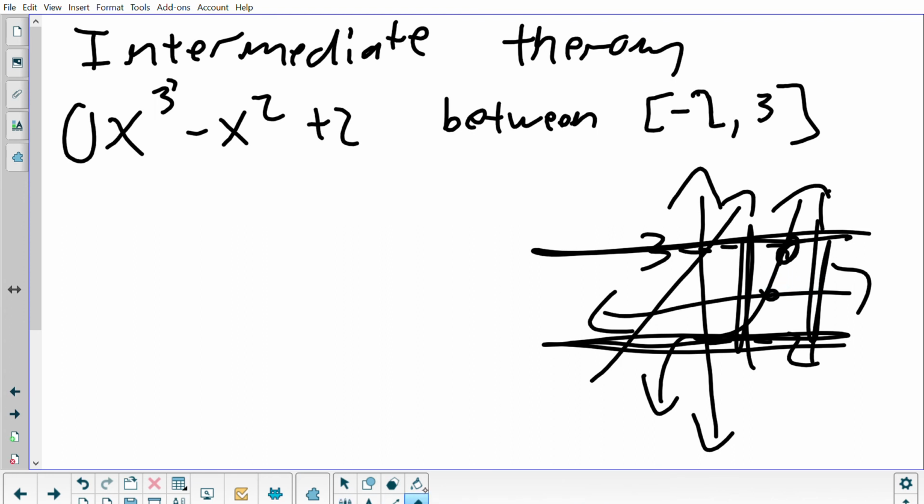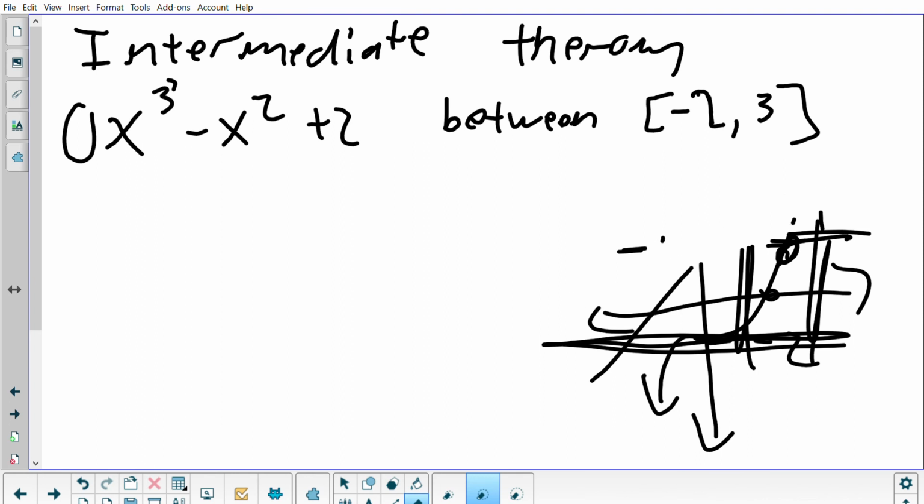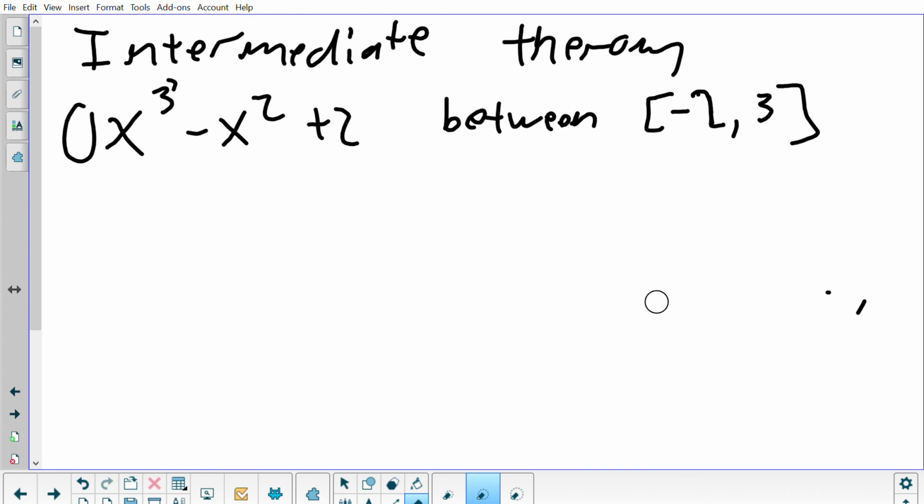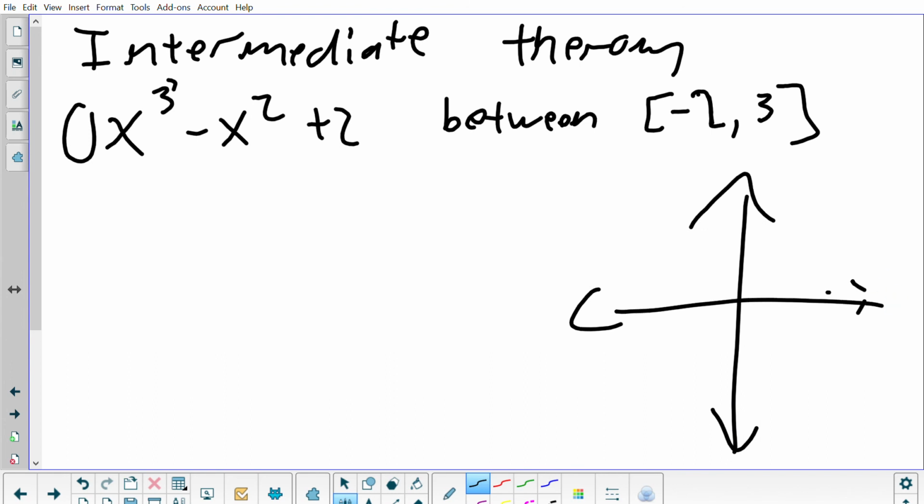So to say that one more time a little bit better, we're going to figure out, does this graph between -2 and 3 cross the x-axis?